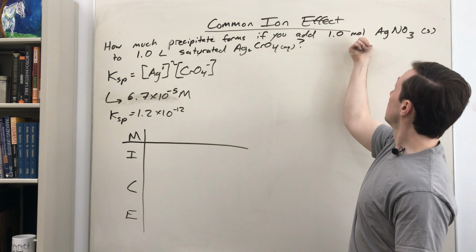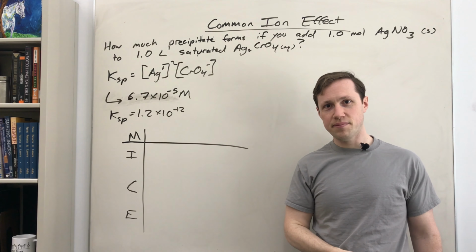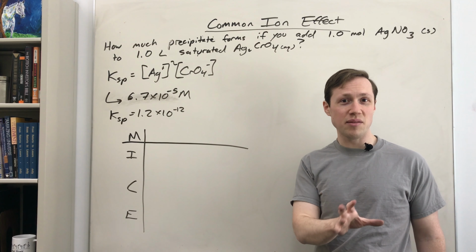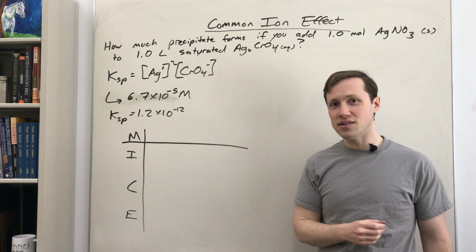We're going to have to approximate that the volume has not changed. That may or may not be a good approximation. This sort of problem, by the way, is an example of why we spent time discussing molality in the previous chapter. So let's take a look at what we know to begin with.